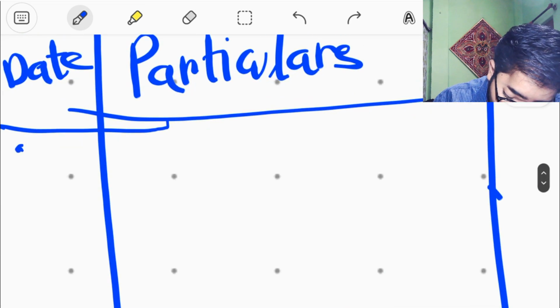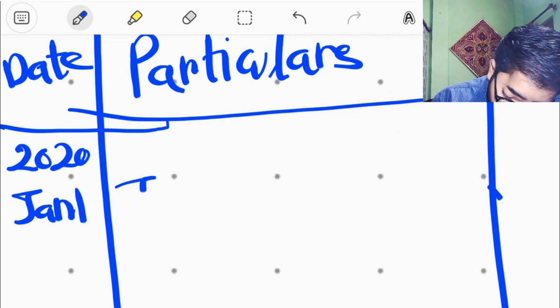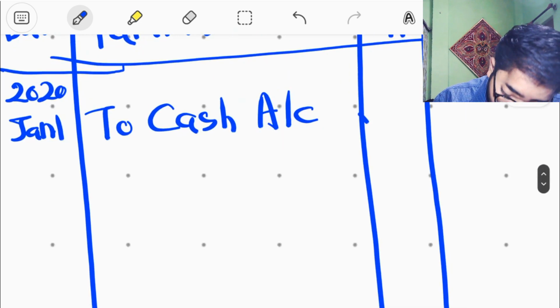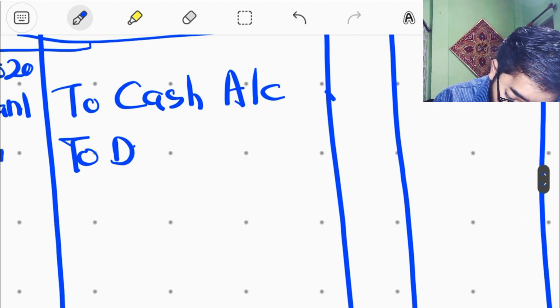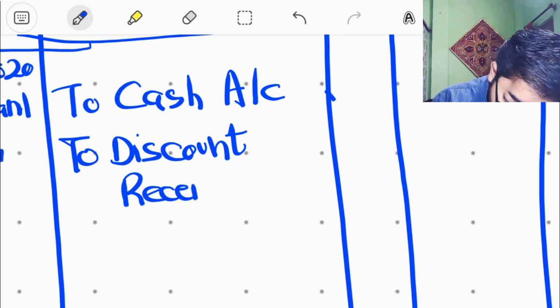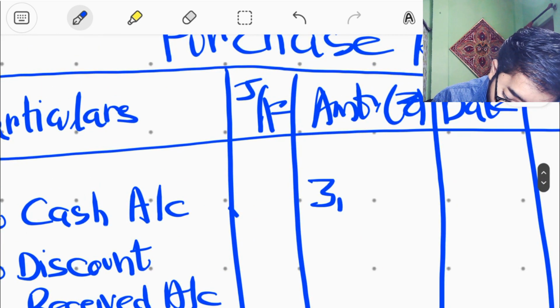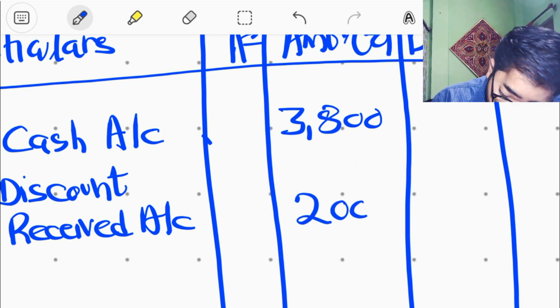The date, first date of our transaction, to cash account, same date, to discount received account. Cash is rupees 3,800, discount received 200.